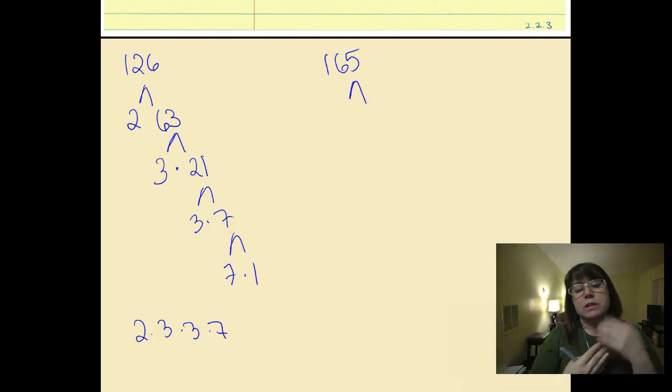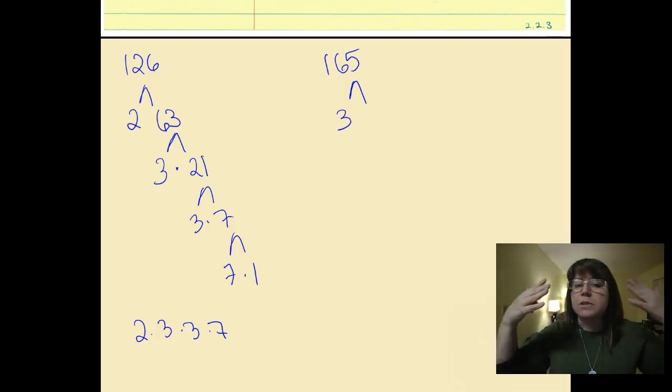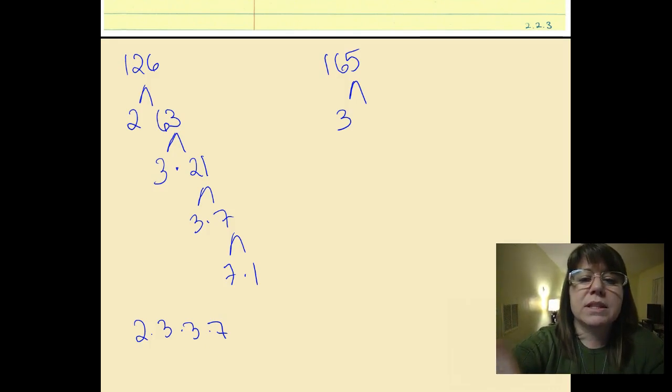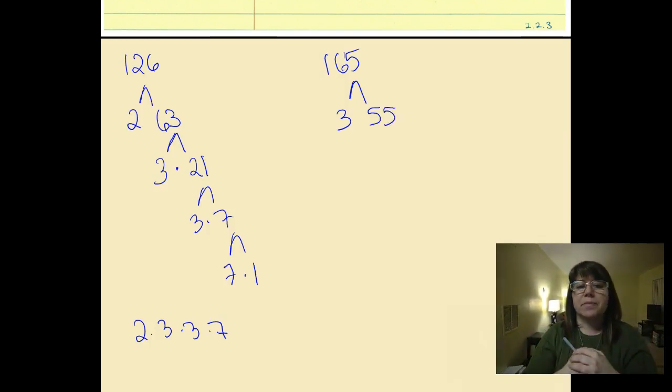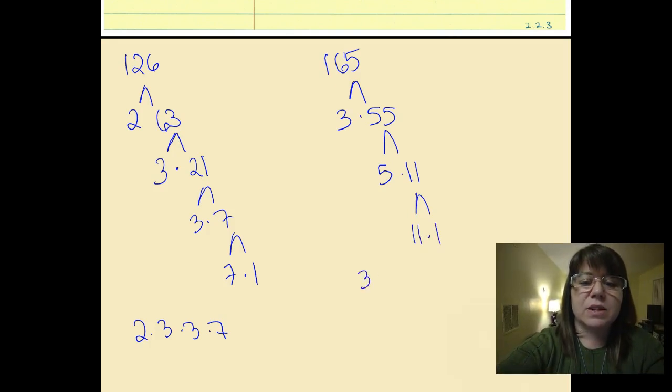Definitely 2 doesn't go into it because it's not an even number. I'm going to check 3. 3 goes into 16 5 times with 1 left over. 3 goes into 15 5 times. So 3 times 55 gets me back up to 165. But 55 is 5 times 11, and 11 is prime, so I can write 165 as 3 times 5 times 11.